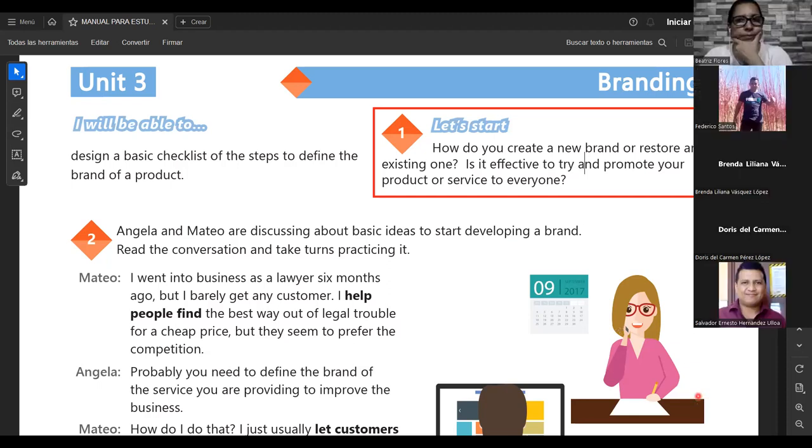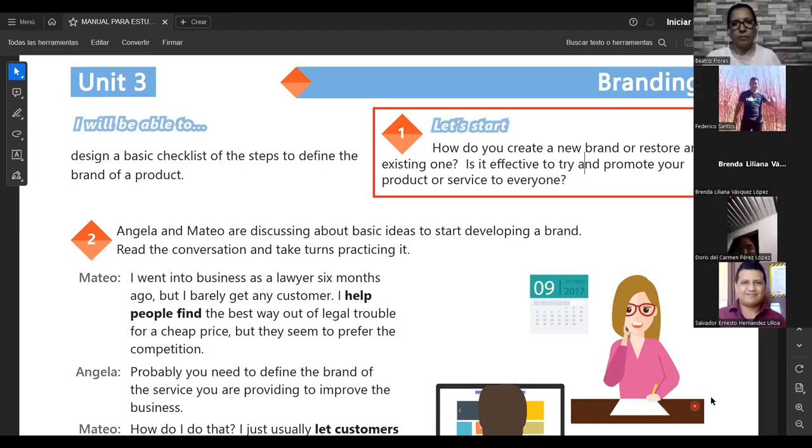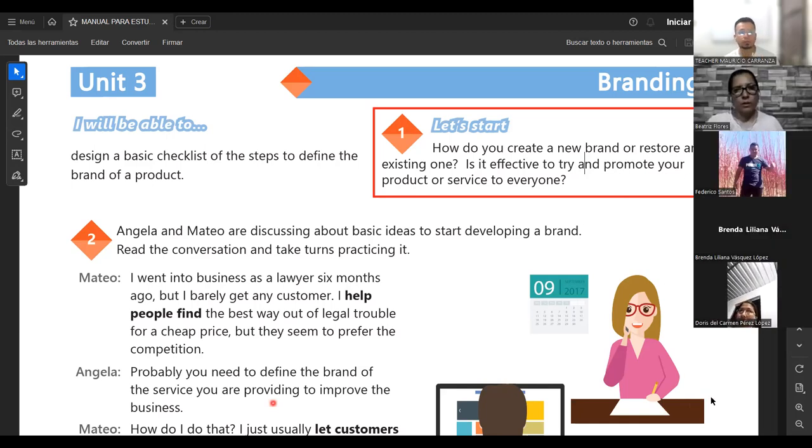If we want to implement a good marketing strategy, we have to use different, how can I say, canales de comunicación. Different communication channels? Okay, channels.